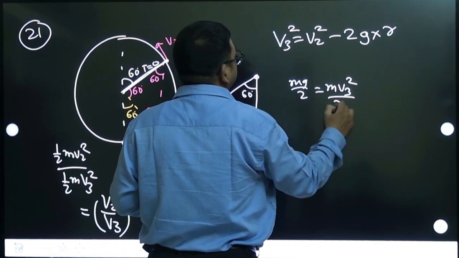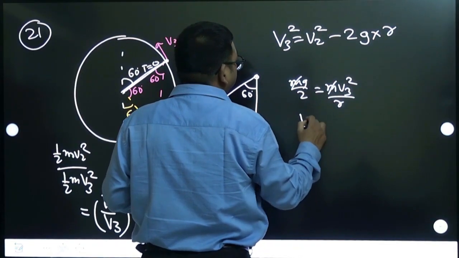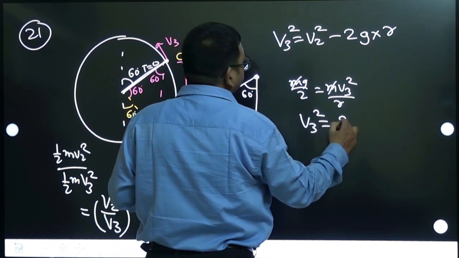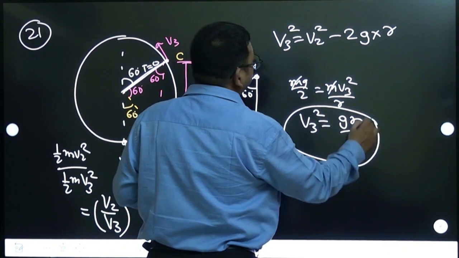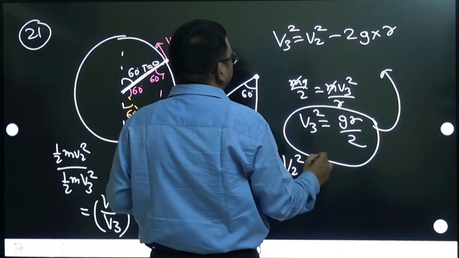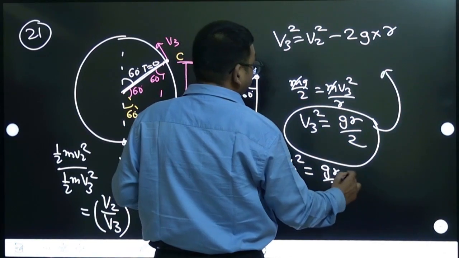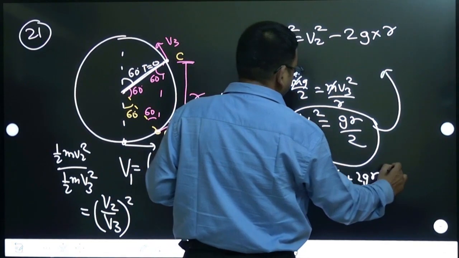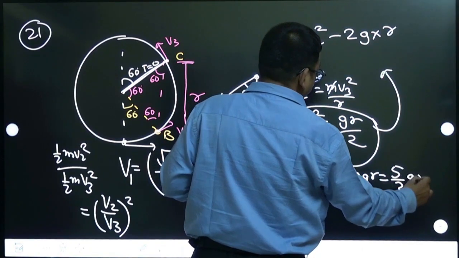So from here v3 square becomes gR by 2. Once you got this, substitute here, v2 square will become gR by 2 plus 2gR. So that becomes 5 by 2 gR, right?